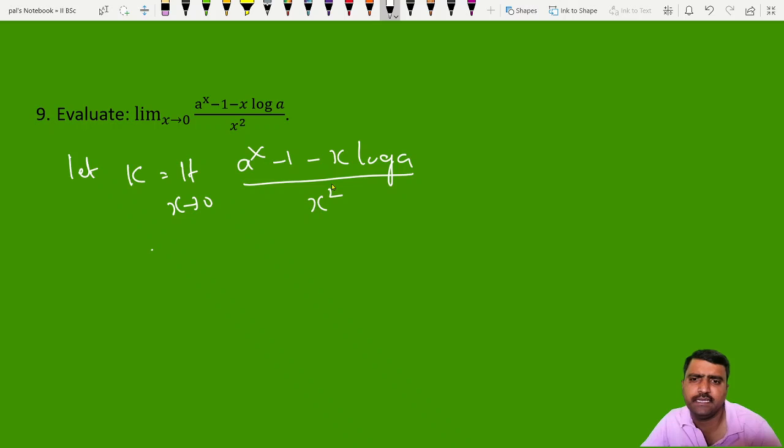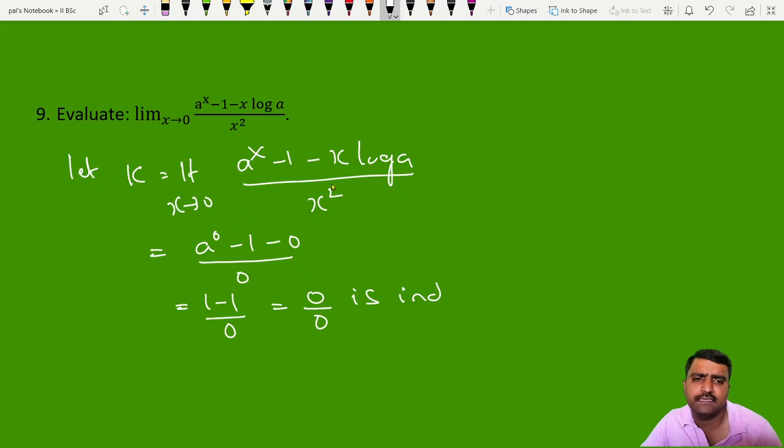Apply the limit, which is equal to a to the 0 minus 1, and putting x as 0 makes it completely 0. This divided by x square is 0. a power 0 is 1, 1 minus 1 by 0. This is equal to 0 by 0, which is indeterminate.